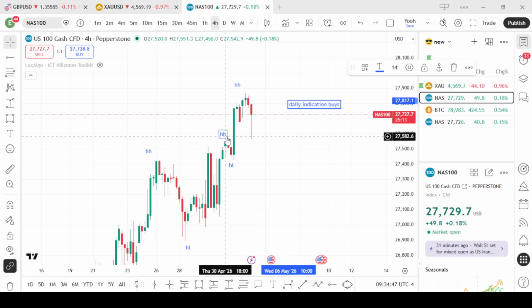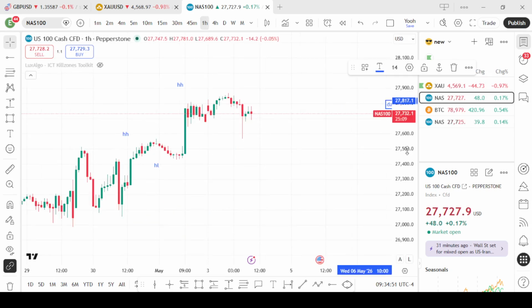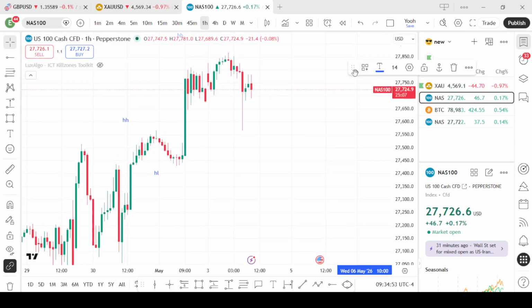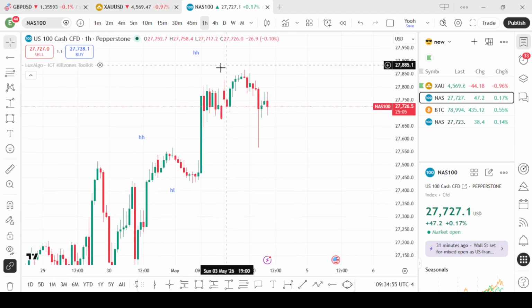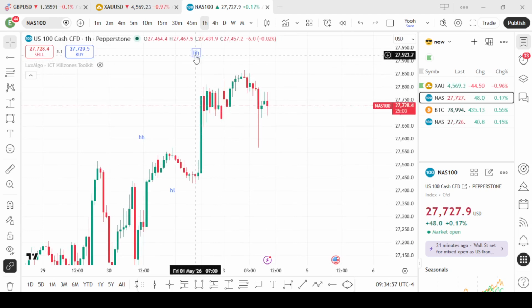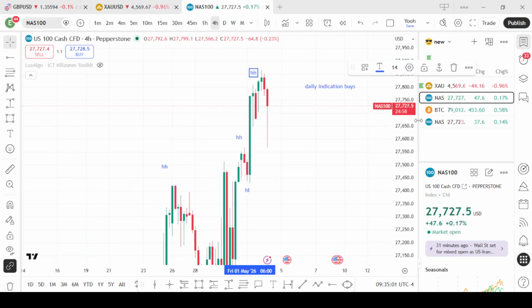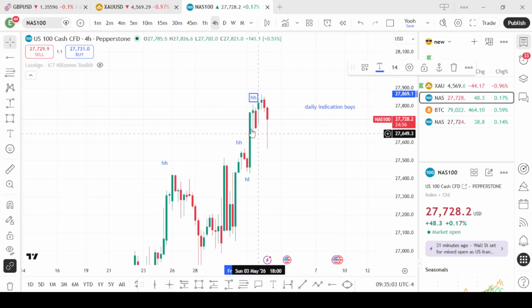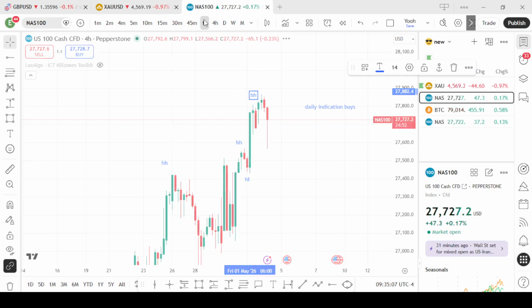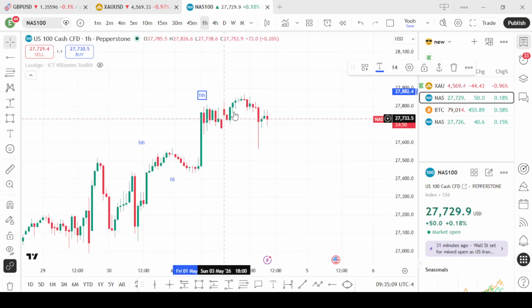So let's see on the 1 hour. Let's just stick to the 4-hour. It's more clear on the indication. On the 1 hour you see there's a lot of consolidation, the market is not really moving around here.